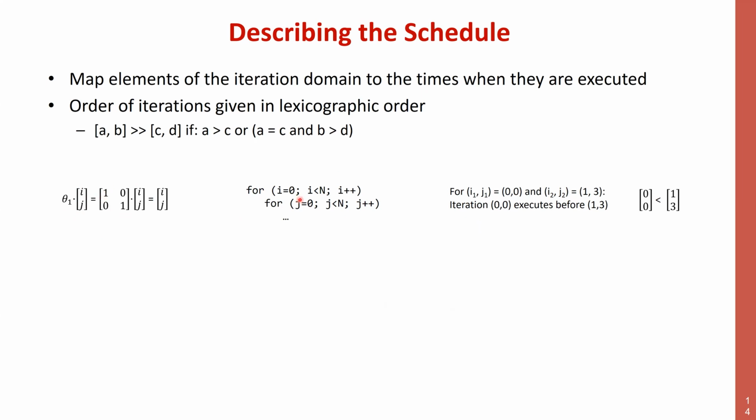This is the matrix that corresponds to these two loops, and the way these two loops evolve gives you a vector. The product of the ij times this matrix gives you a vector, and this vector is guaranteed to be in lexicographic order during the execution.